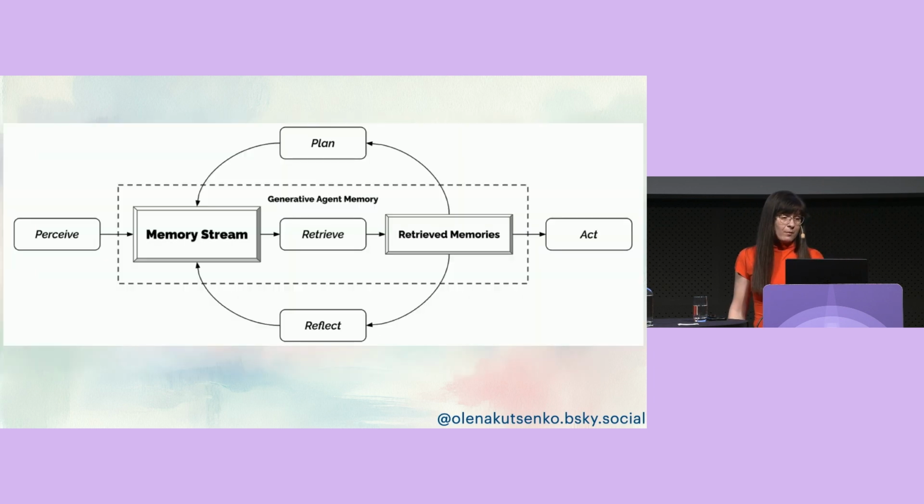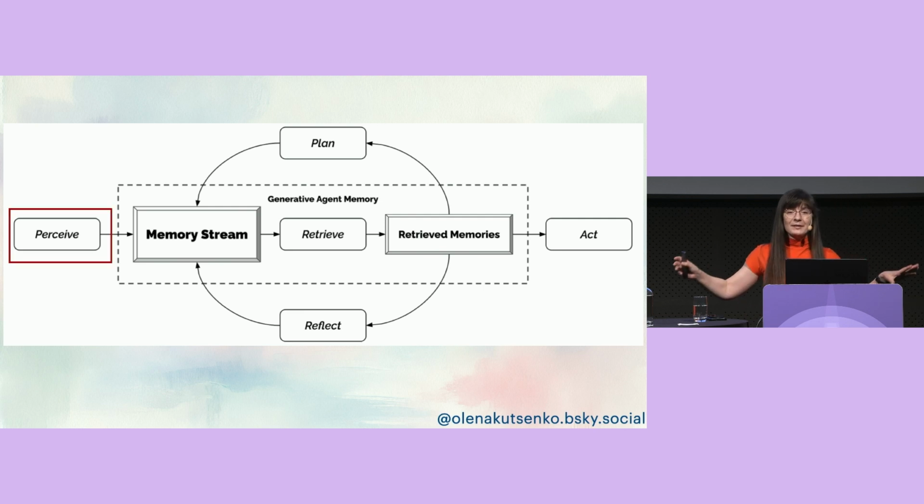But the most interesting part, at least for me, of this particular research and this demo is actually how they worked with the perception of these villagers. So the villagers can perceive what is happening around them. For example, they go and wash their hands, or they meet some person, or they overhear some conversation.